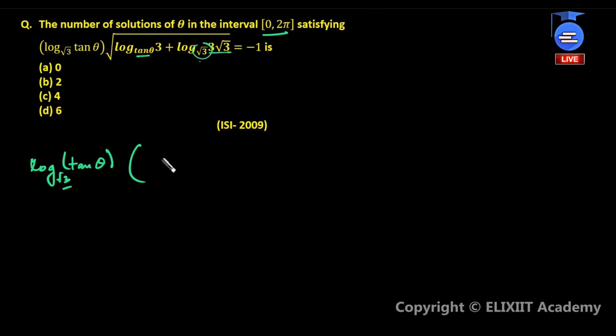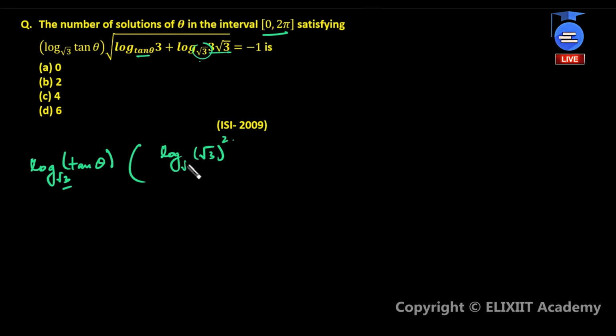That is actually this will become. This 3 is nothing but √3 whole square. Isn't it? This is √3 whole square. So in fact, if we have log √3, now what we're going to do, first of all, let me write this as √3 whole square.